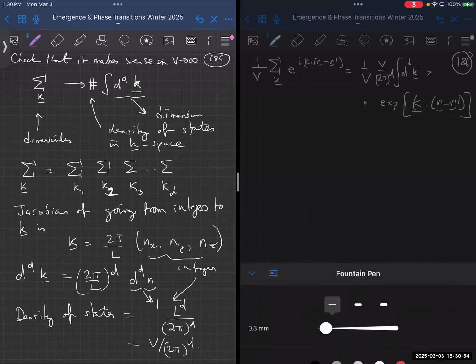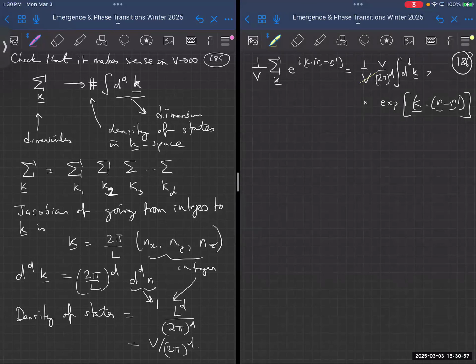Now you can see that the V's cancel out, and so what I end up with is 1 over 2 pi to the d, the integral dk over all space e to the i k dot r minus r prime, and that is the integral representation of the delta function.